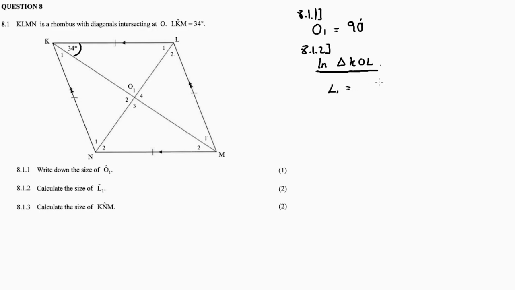L1 is equal to 180 degrees minus O1, which is 90, minus 34, which is angle LKM inside the triangle. Why is this true? It's because of the sum of angles in a triangle.